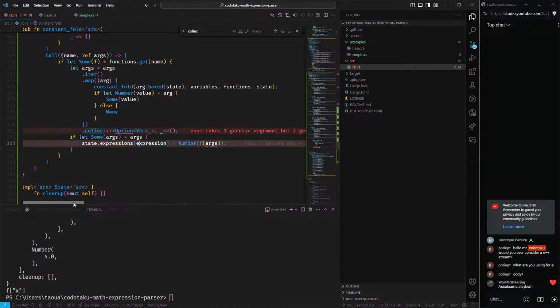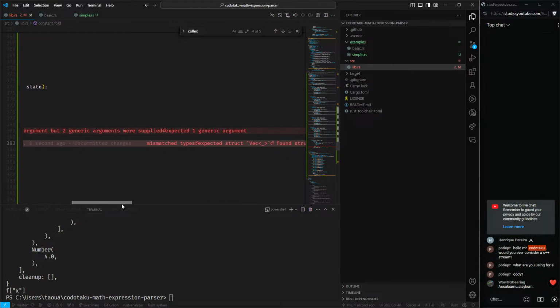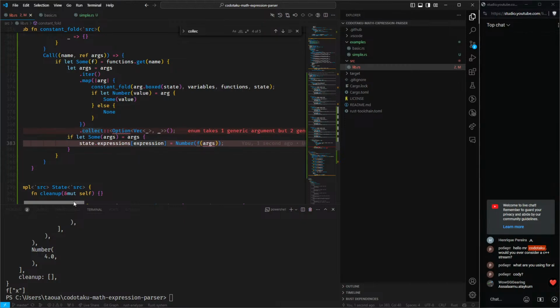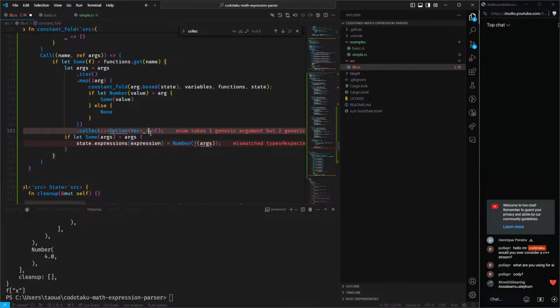Enum takes one generic argument, but two generic arguments were supplied. What? Oh, I see. And yeah, that should do the trick, I think. Great.